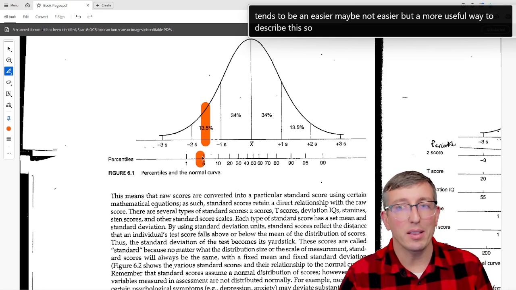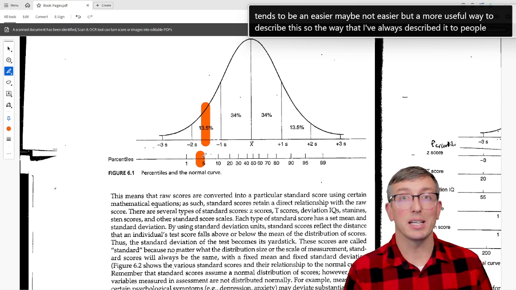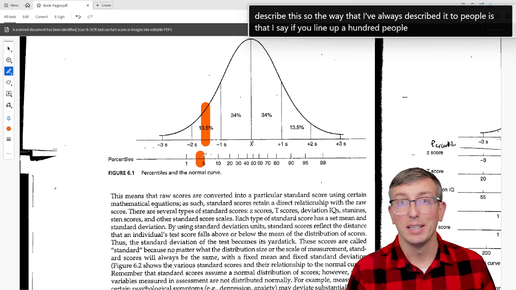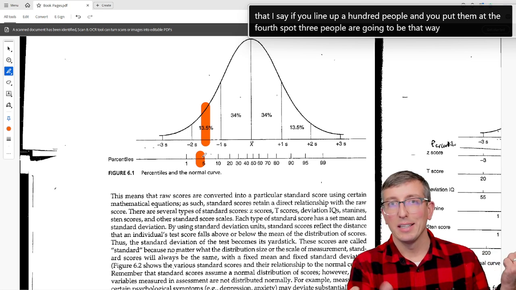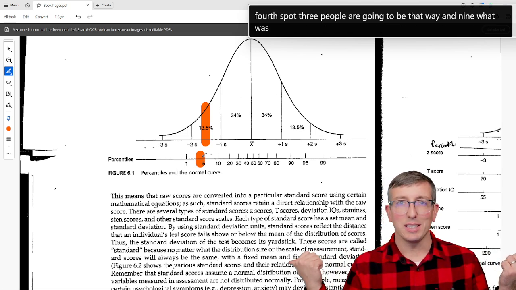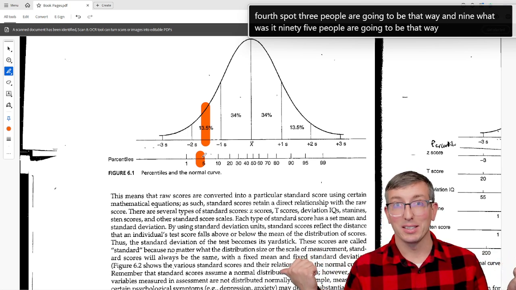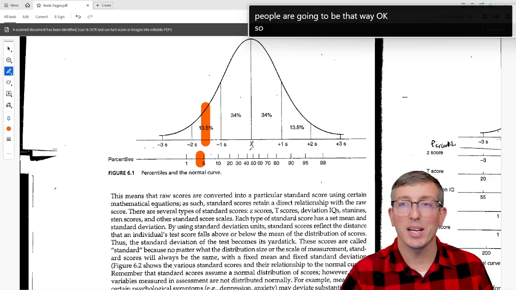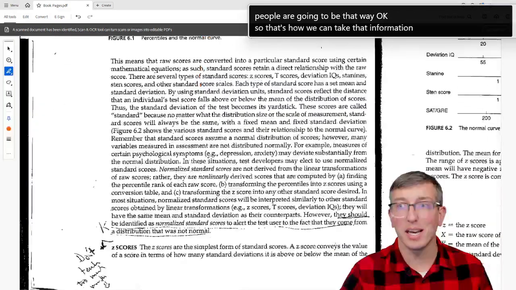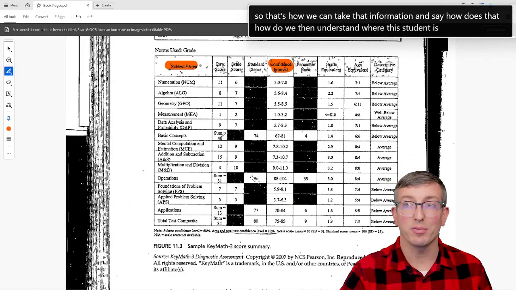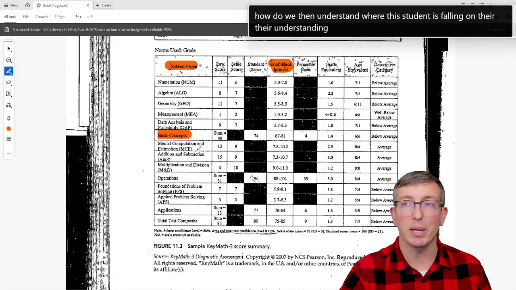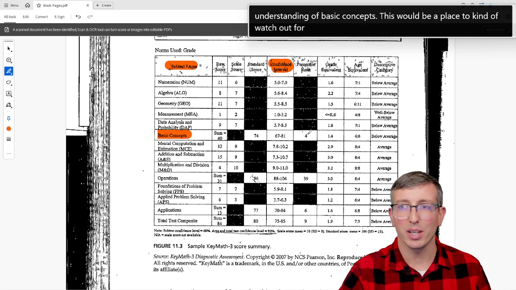The way I've always described it to people is, if you line up 100 people and you put them at the 4th spot, 3 people are going to be that way, and 95 people are going to be that way, okay? So that's how we can take that information and understand where this student is falling in their understanding of basic concepts. This would be a place to watch out for, okay?